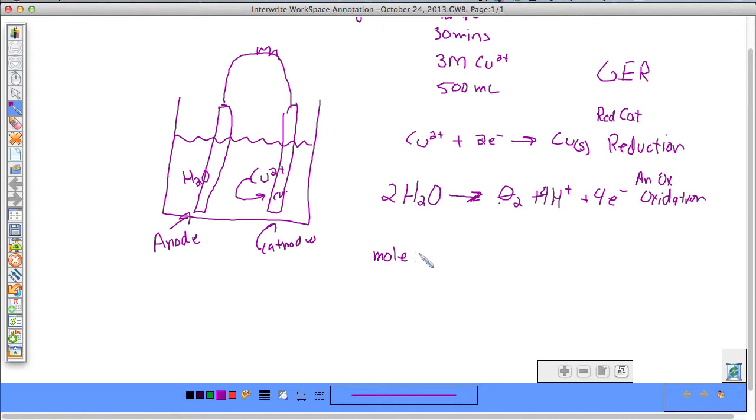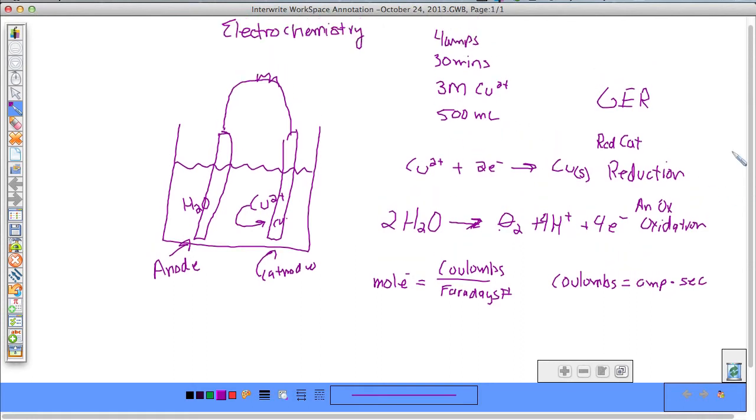So moles of electrons equals the total amount of coulombs, right, divided by Faraday's number. And Faraday's number is 96,500. So what we can do is that coulombs always equals your amps times your seconds, right? Okay, so we know both of those bits of information. So our amps times our seconds.